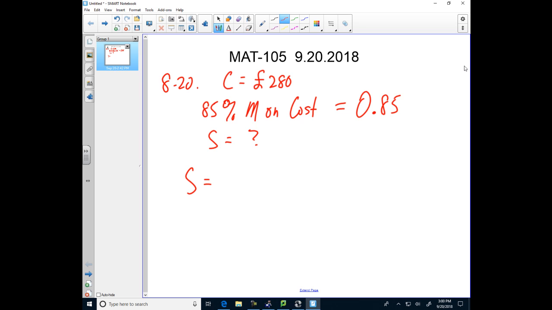So S equals the cost, which we know, times the quantity 1 plus 0.85. Let me move this up a little bit here.